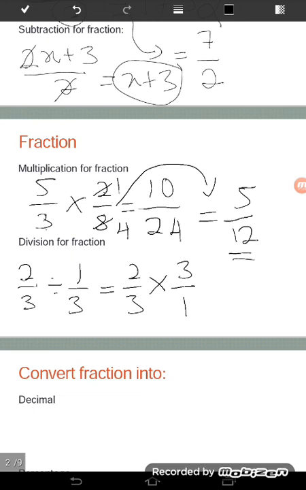Since this 3 is on the denominator and this one is on the numerator, you can cancel. So the answer is only 2 over 1, which is equal to 2.